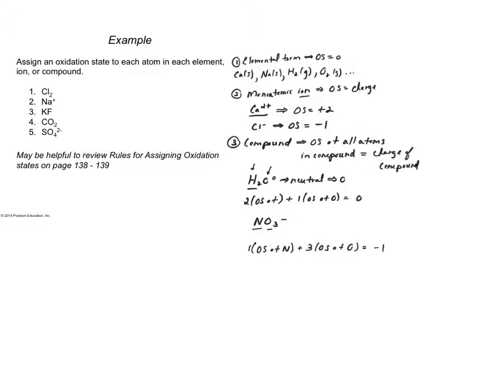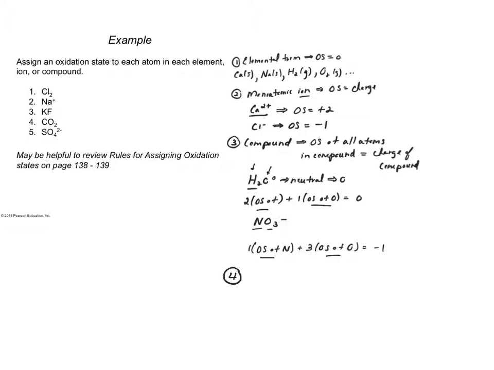And then the last rules go over how we actually assign oxidation states to these things when we're in compounds, right? So now if we want to assign the oxidation state to things, we're going to follow rule number 4 and rule number 5, essentially in the order of precedence.